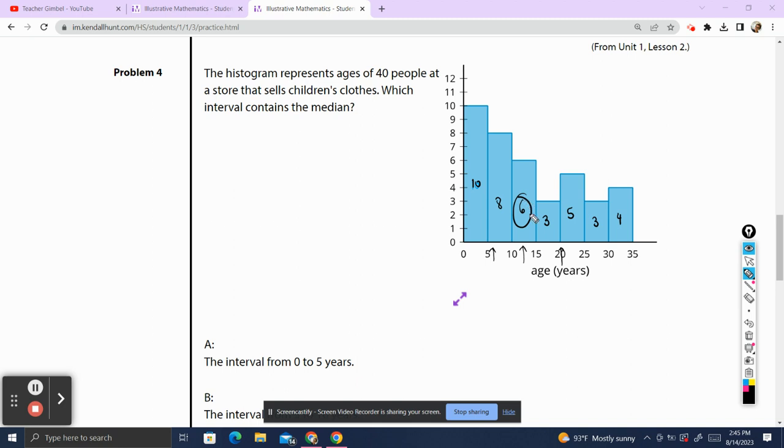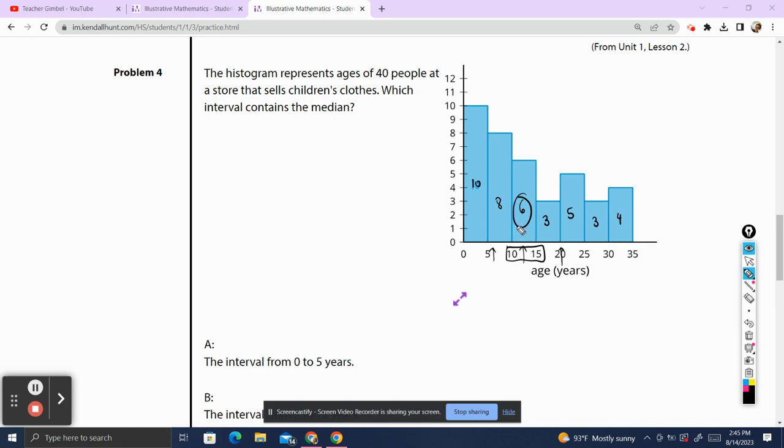So the interval would end up with these 6 in the middle. So the interval that we want to look at is between 10 and 15, because there's 18 people on this side and there's 18 people, including some of these in the 6, on this side.